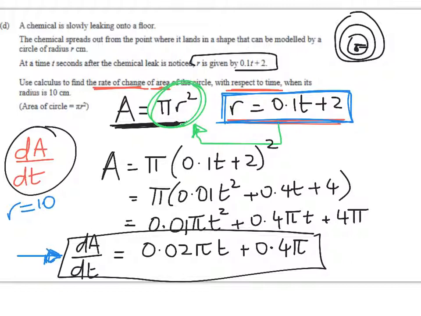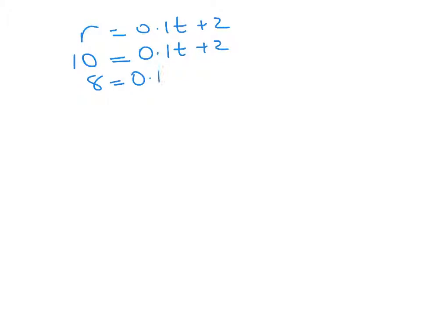So we'll do that on the next slide. Okay, so we've got r equals 0.1 t plus 2. We want to know what t value gives me 10. So we get 8 equals 0.1 t. T is equal to 80, and remember that's seconds.